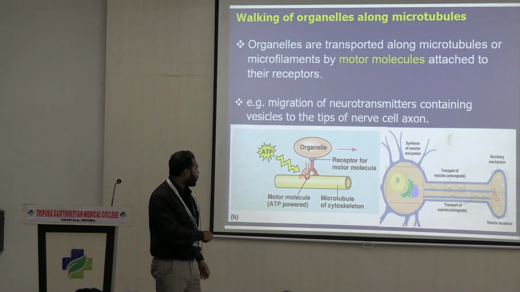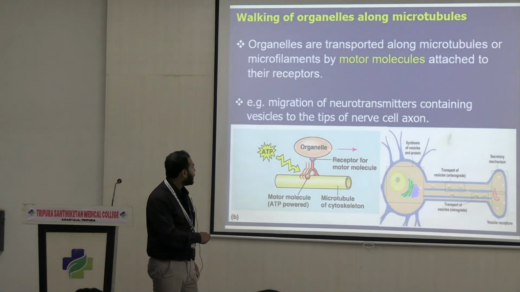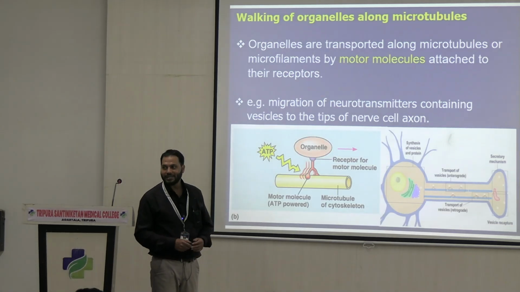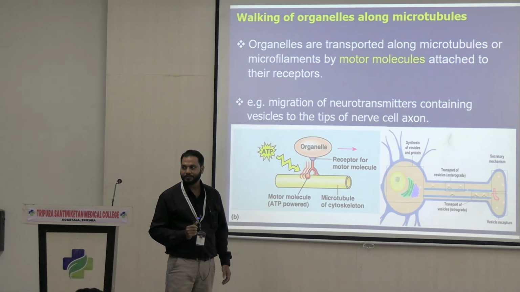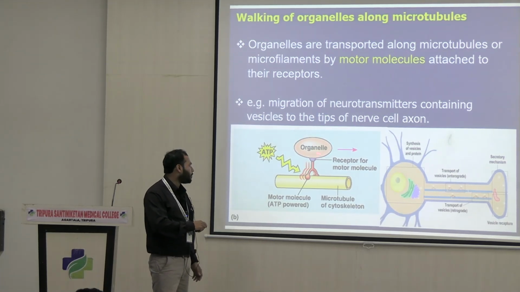One part of this molecular motor protein is attached to the microtubule structure, and another part which contains the receptors is attached to the cargo, that is, cell organelles here.